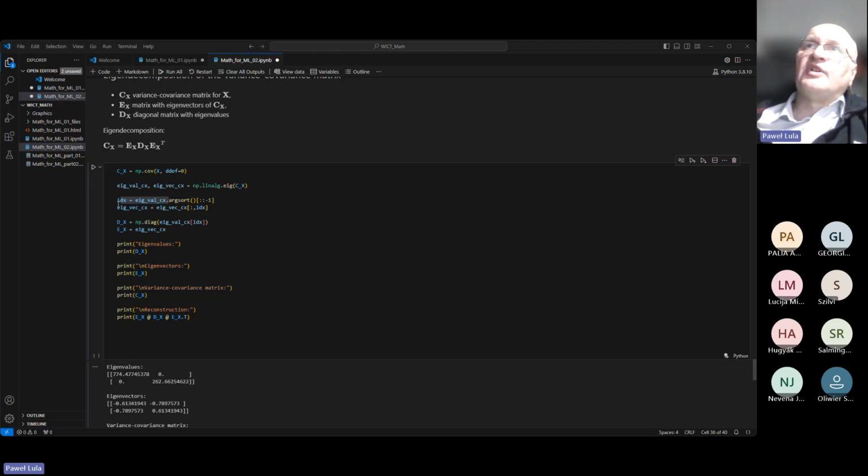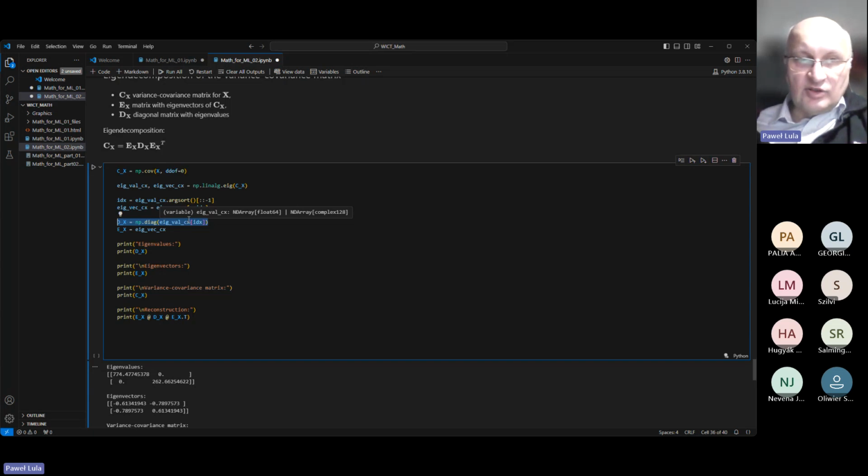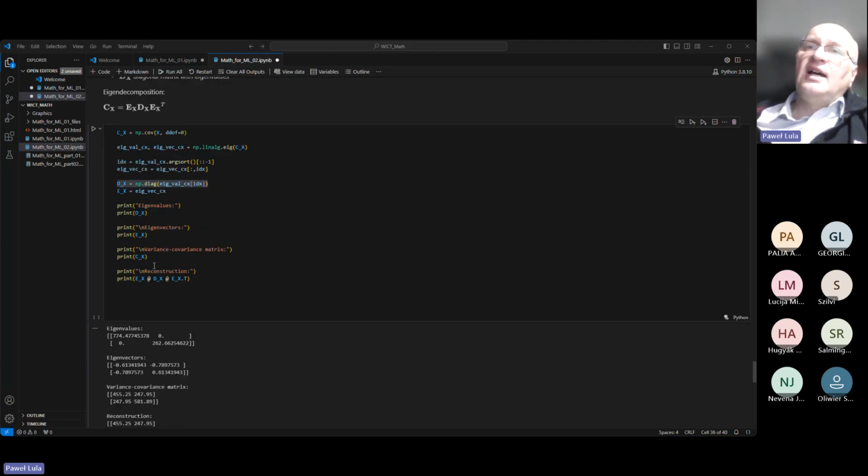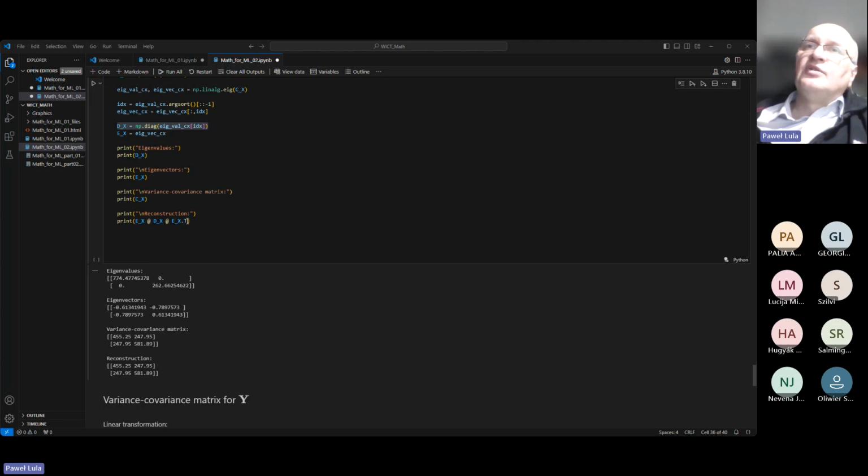So all these operations are defined here. After that, I created this diagonal matrix D, because you remember, we have a vector with eigenvalues. So now I created this matrix and I tried if everything works in the right way.